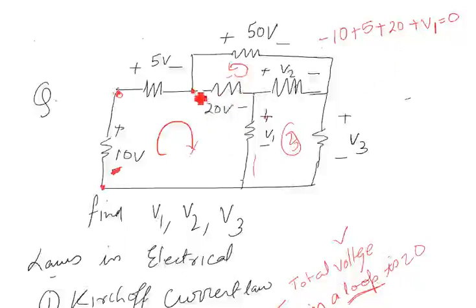So I am moving from this side and I will go like this. Now the first sign is plus 20, then plus V2, minus 50 equal to 0.